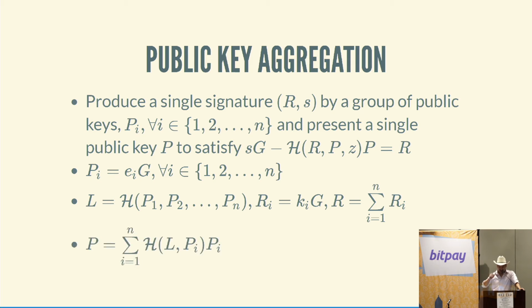And the aggregated pub key ends up being this thing, the sum of H of L comma P sub i times P sub i. So it's like, okay, out of this group of pub keys, it's this particular pub key that's going to sign, and you add all of these pub keys multiplied by these scalars together, and you get capital P.